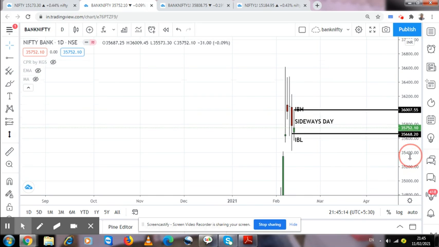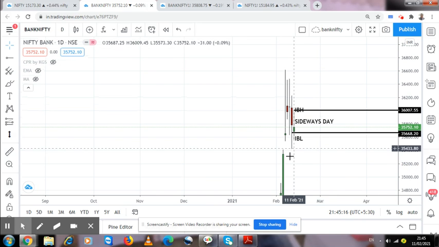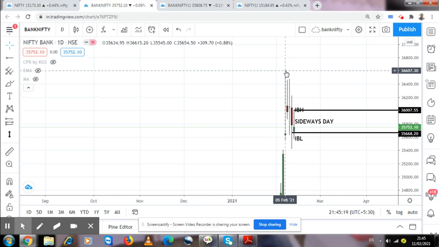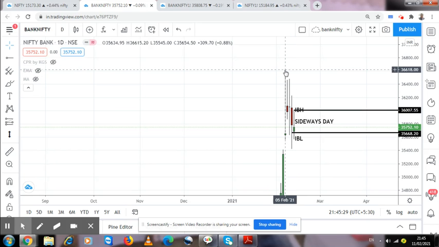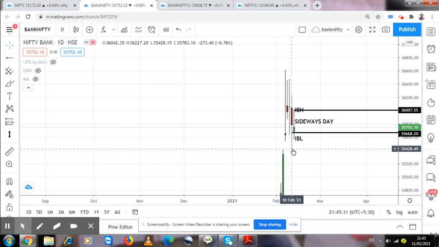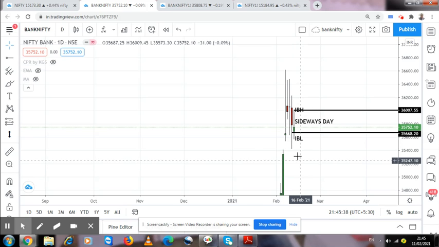See, for Bank Nifty, after hitting 36,607 on 5th of Feb, you can see the price has been retracing back. You can see the fall from here to here. Within 5 days, the price went almost 1,000 points down.